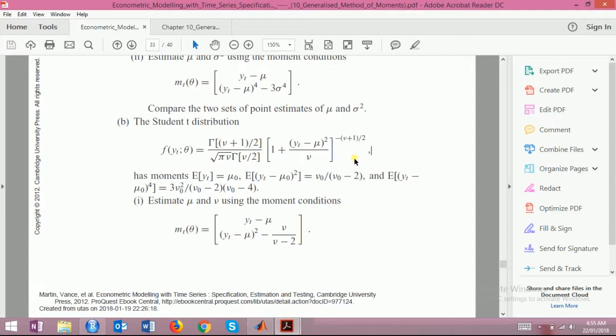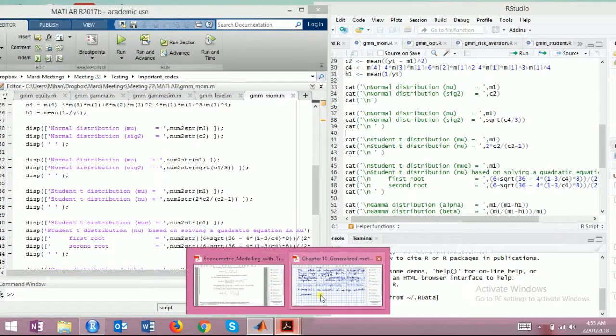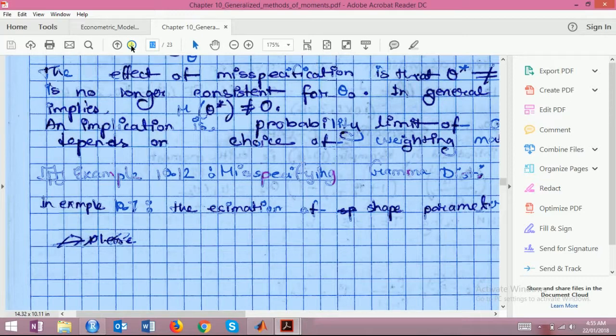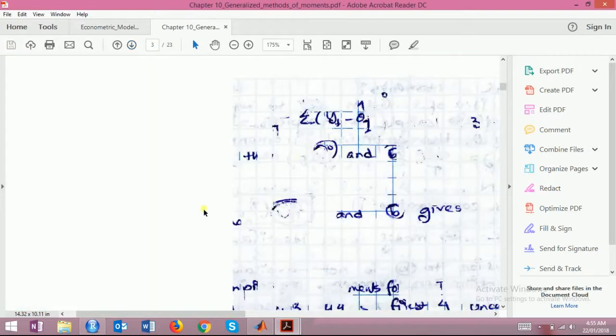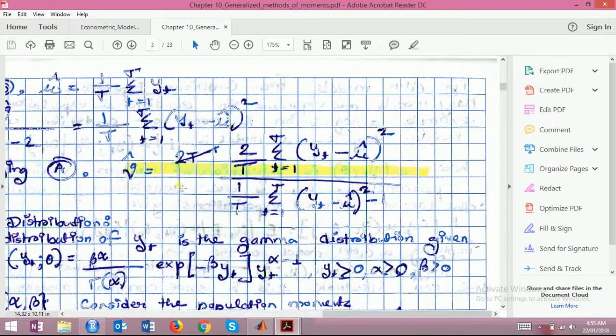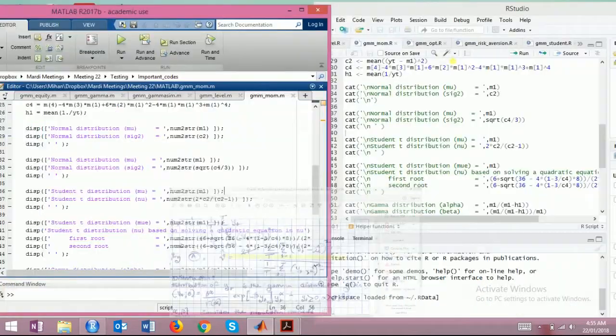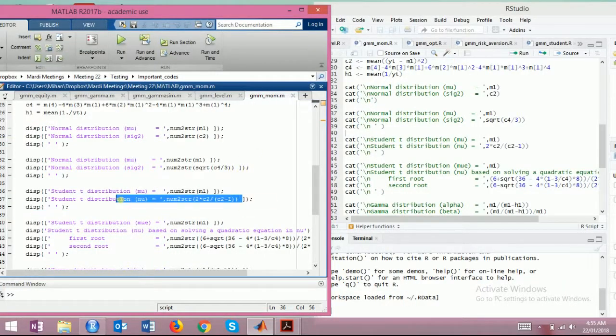Or we can go back to our main theory here, and if we look at page 123, we see nu is 2C2 divided by C2 minus 1. C2 itself is the moment condition. So that is coming from the t distribution nu.